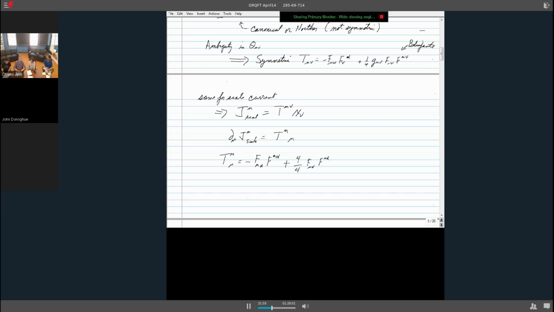In this case, the divergence of the scale current is T mu mu, just the trace.